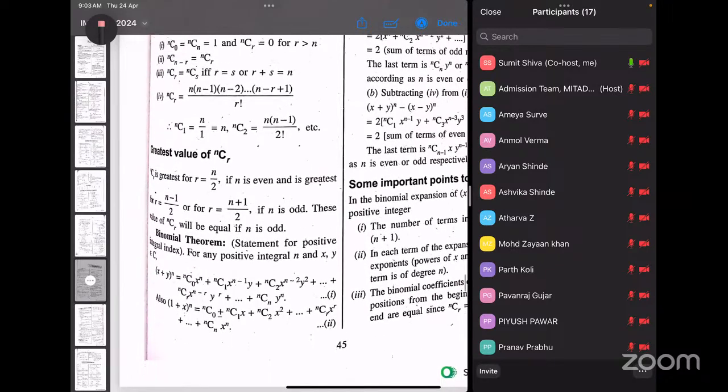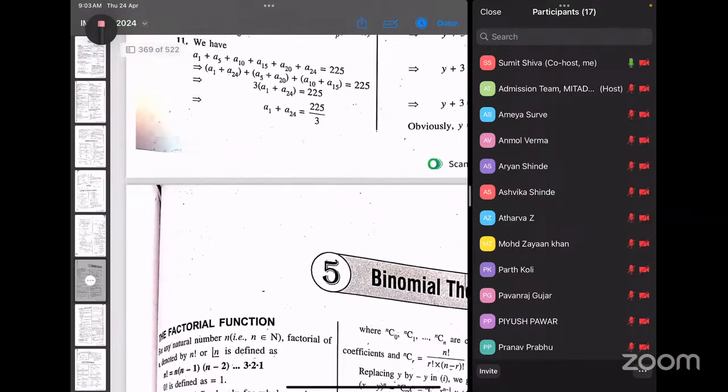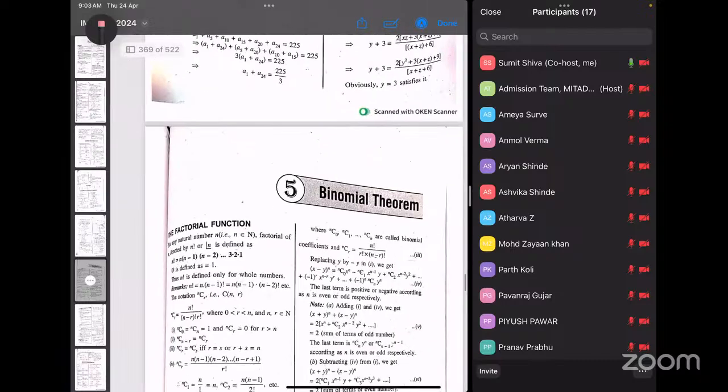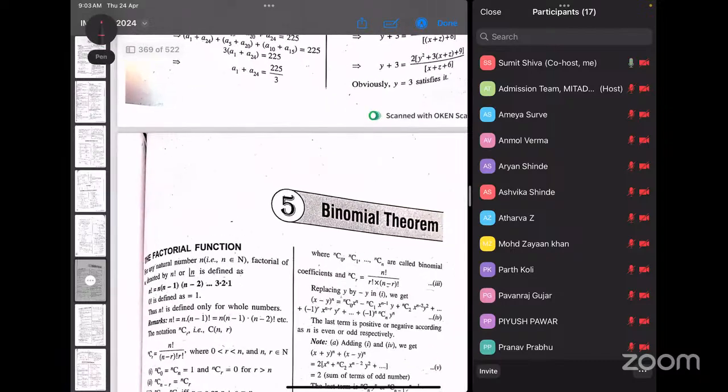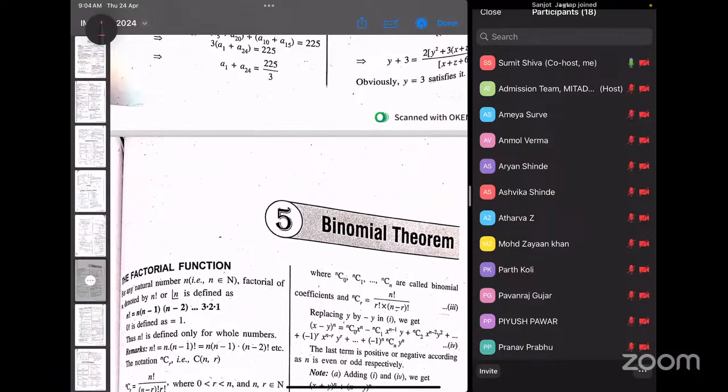Next point is how to expand a binomial with higher power. So if we have, let's say, x plus y raised to power n, then this can be expanded as summation NCr x raised to power r, y raised to power n minus r, and we will take r from 0 to n.